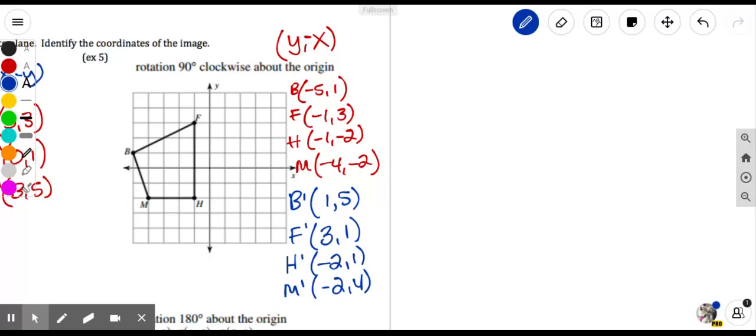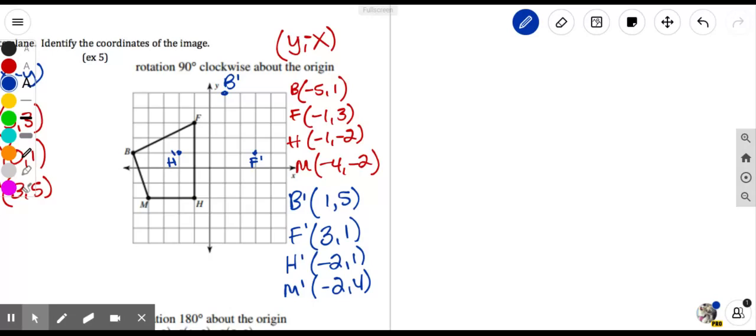Once you get your points, then just plot them. So B prime is 1, 5. So that's going to be here. So you kind of have to picture for these that everything is moving over 1 quadrant to the right. So like this whole thing is going to shift over here. F prime is 3, 1. H prime is -2, 1.